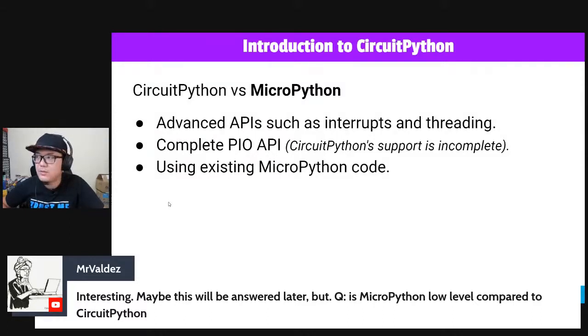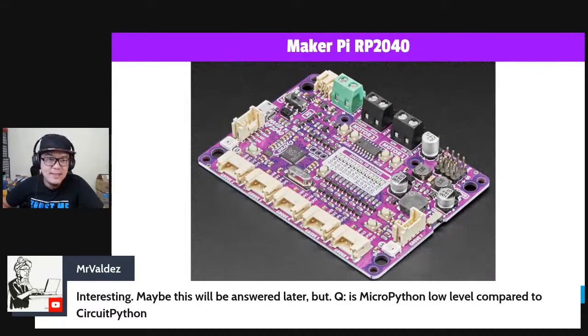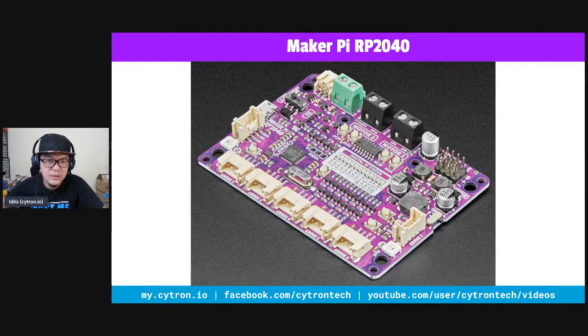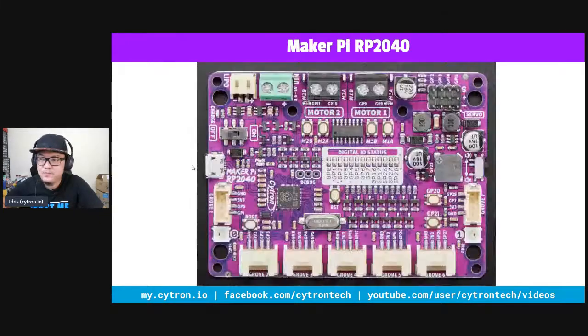Okay, so that's all for the introduction to CircuitPython. Next, we will go to the MakerPi RP2040. Okay, let's see a few photos here. So you can see this is an RP2040 chip, the first microcontroller from Raspberry Pi.